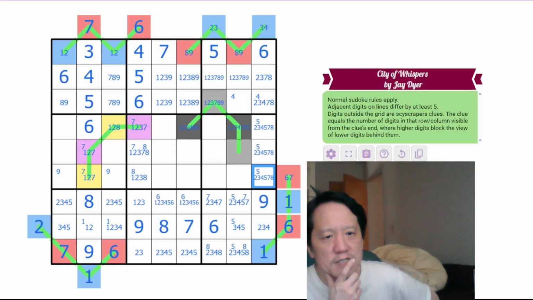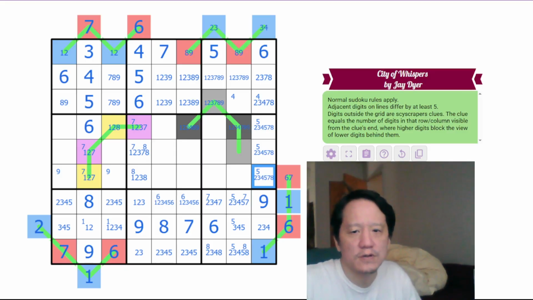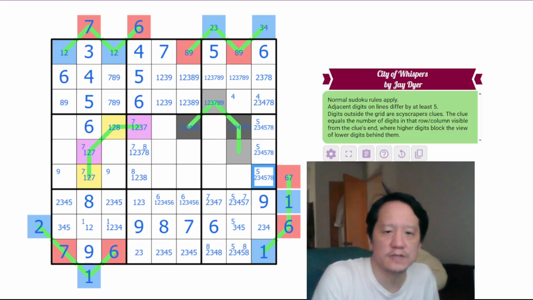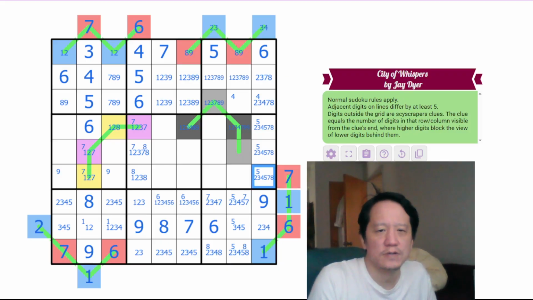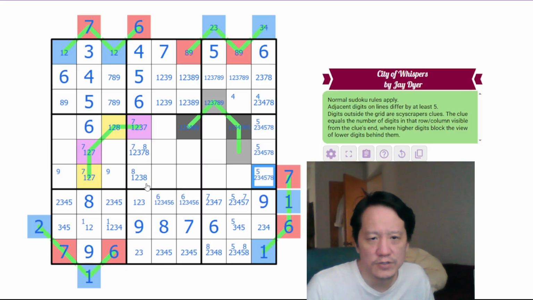Can it see 7? So if we try to have this as 7, then it would be 2. Would it have to be 2 is the question. So it cannot see either of these, or it does not see either of these. It can't see 9 and then 8 here.